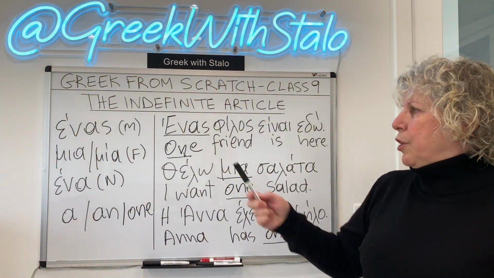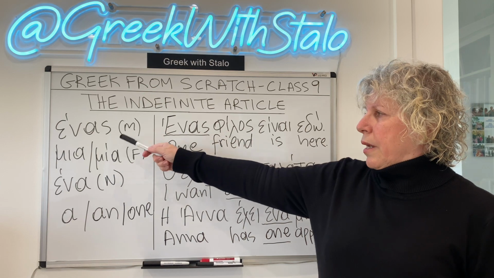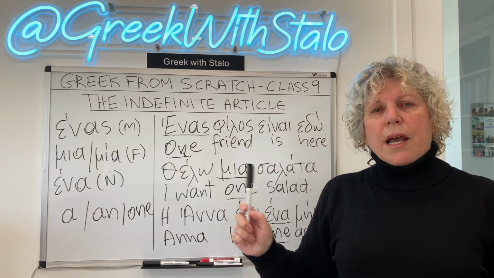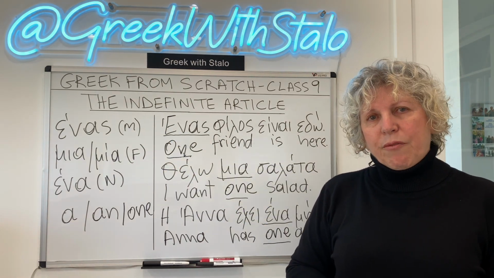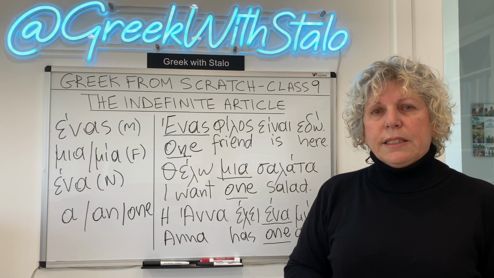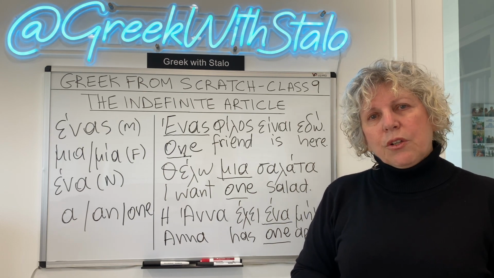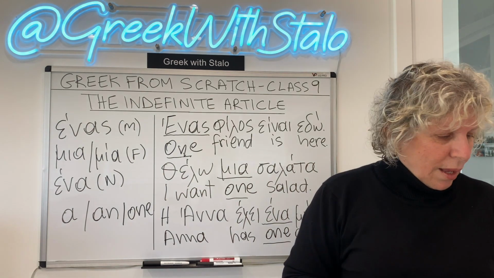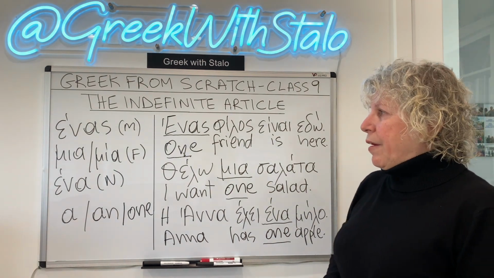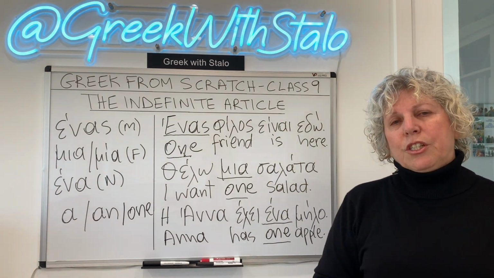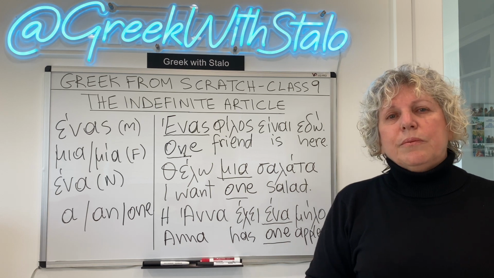Now, whether we use ένας, μια, and ένα as an indefinite article or as a numeral depends on the context. As you can see, it's very important to know the gender of a word.